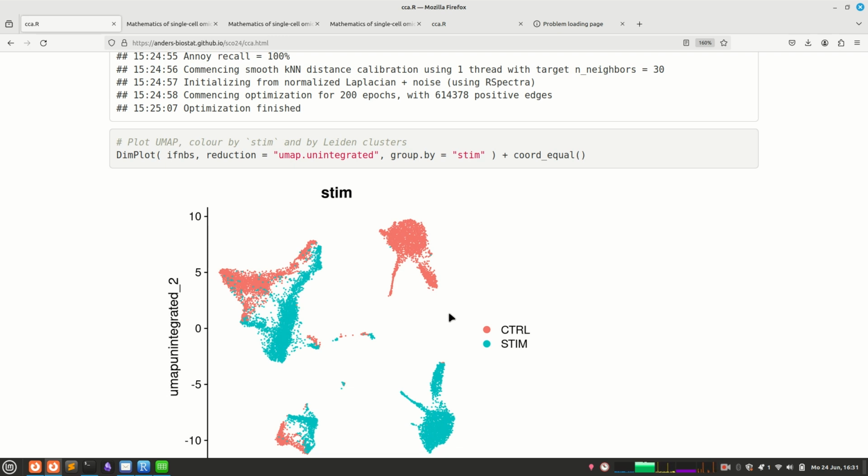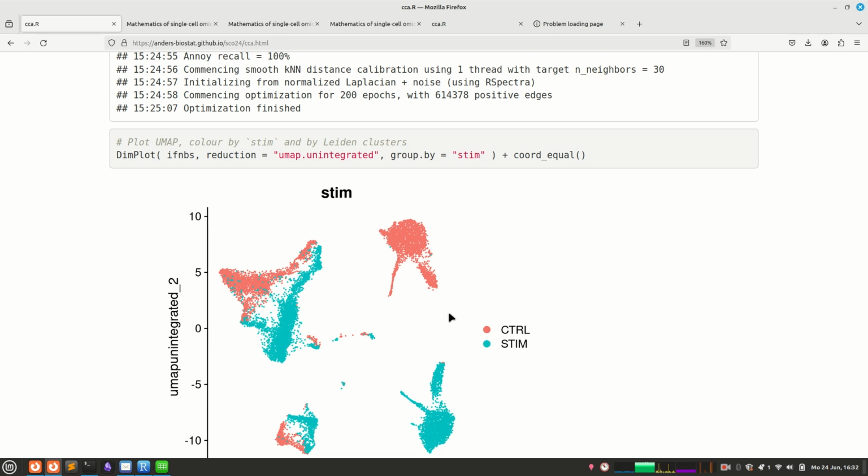Then of course with this PCA, we span a 30-dimensional space with principal components which span all the dimensions along which these cells vary. And none of these dimensions will point in the direction into which the cells move due to stimulation, because there are no stimulated cells in the input to our PCA.